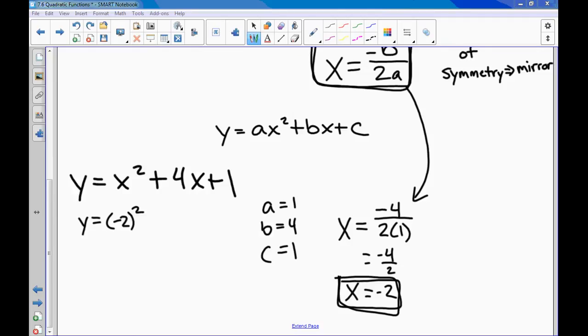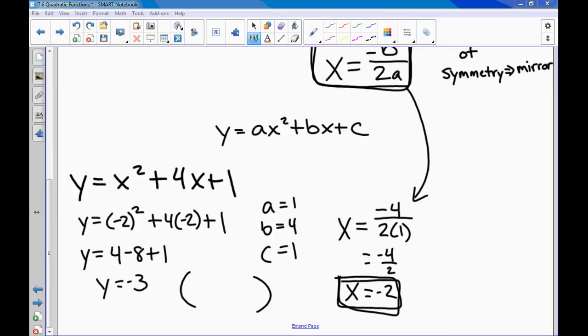So negative 2 squared plus 4 times negative 2 plus 1. Y equals 4 minus 8 plus 1. So I end up getting y equals negative 3. Now, y equals negative 3 is great, but I needed to write it as an ordered pair. Negative 2 comma negative 3 is my vertex for this line.